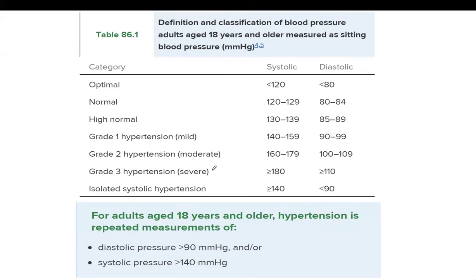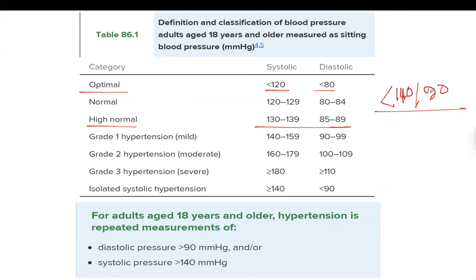So first of all, learn about what is normal blood pressure. Optimal blood pressure is less than 120/80. High normal, up to which we can tolerate and say yes, it is normal, is less than 140/90. That is the high normal.